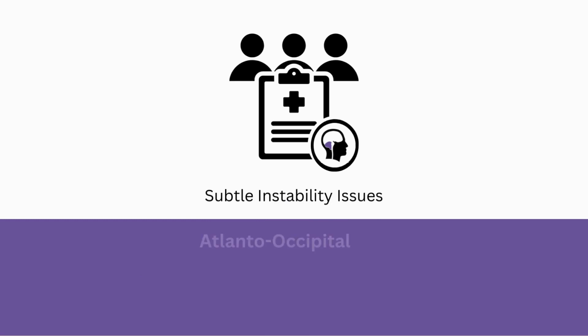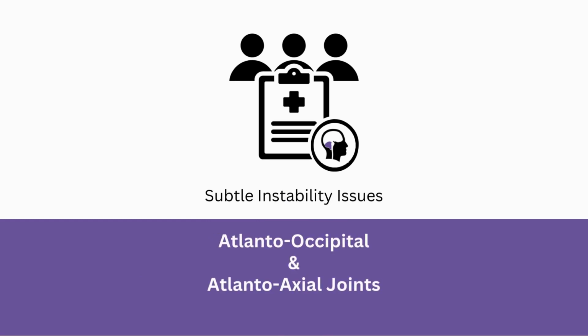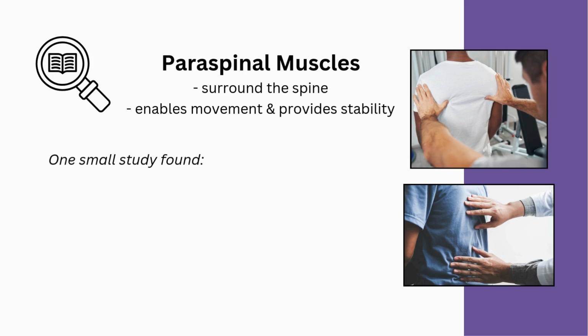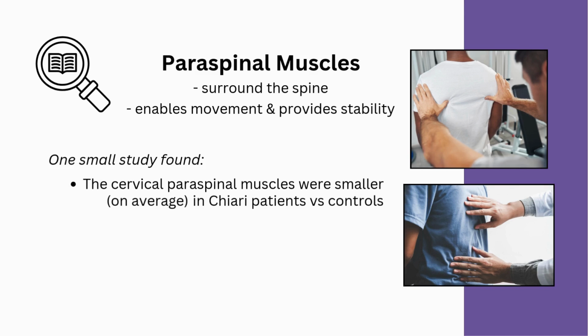There is research that indicates Chiari patients in general may have subtle instability issues around the atlanto-occipital and atlanto-axial joints. For example, the paraspinal muscles are the groups of muscles that surround the spine, enabling movement and providing stability. One small study found that the cervical paraspinal muscles were smaller on average in Chiari patients than in healthy controls.